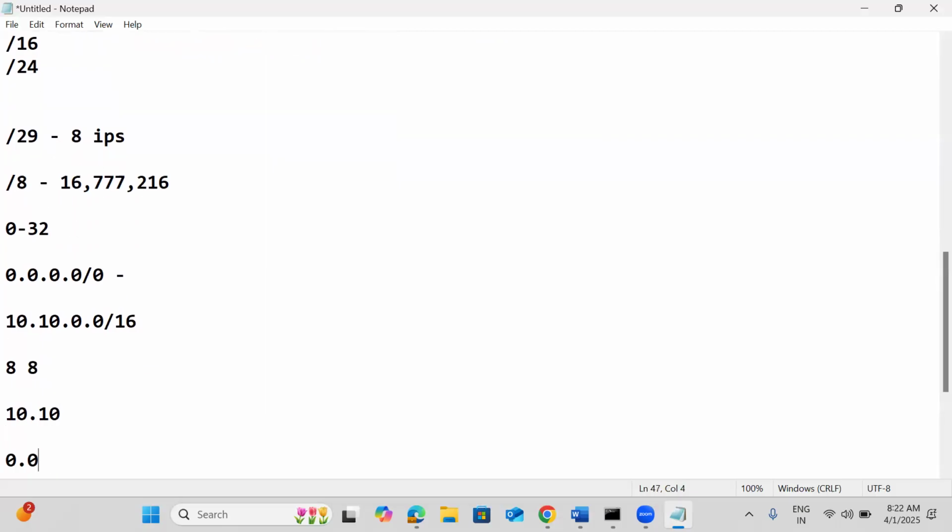In the remaining 0.0 you can give any combination, which gives the series 10.10.0.0, 0.1, 0.2, like this, up to 0.255, then 1.0, 1.1, 1.255, then 2.0, and so on. Like this, it will give the complete combination of 65,536 IPs that we are going to get.